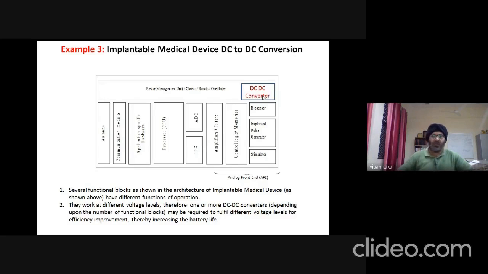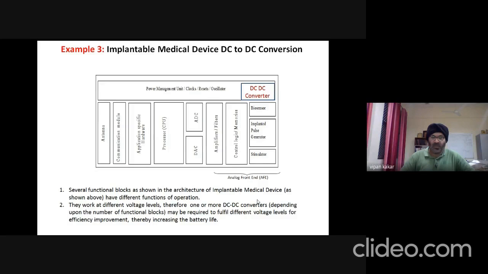So depending upon the workload requirement, the DC to DC converter scales the voltage up or down. How it does that is part of the different techniques used in DC to DC converters. So in very small devices implanted in the heart, DC to DC converters find their application. In smartphones itself, you have dozens of DC to DC converter circuits.